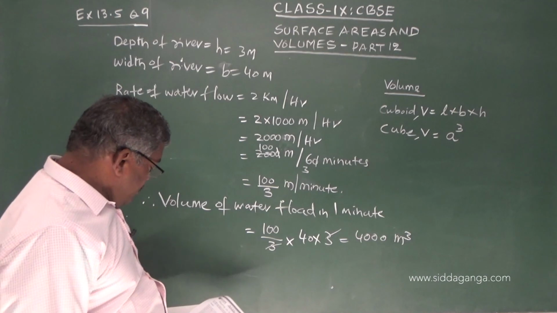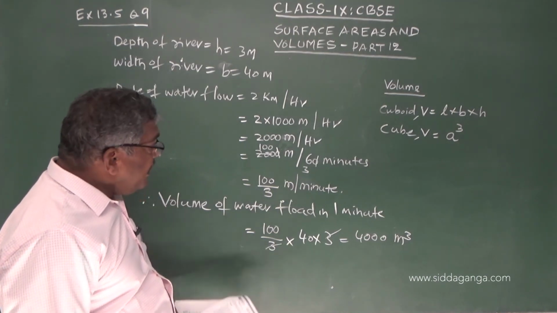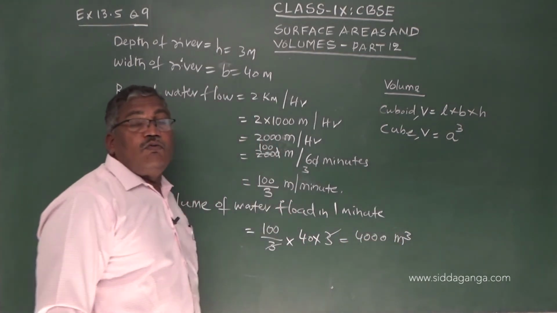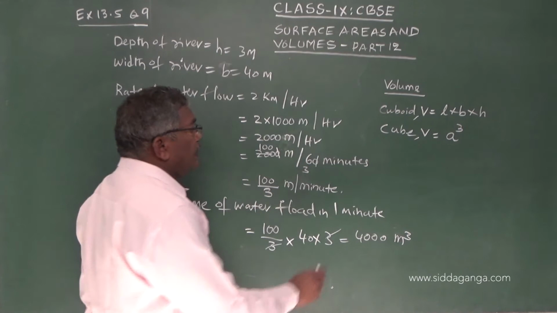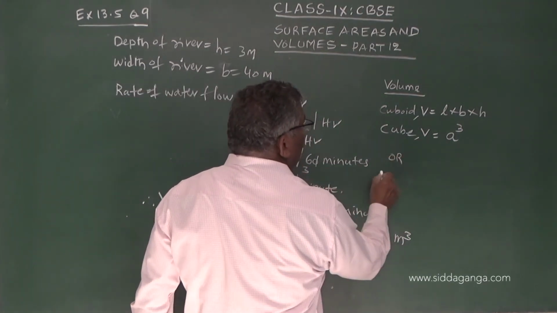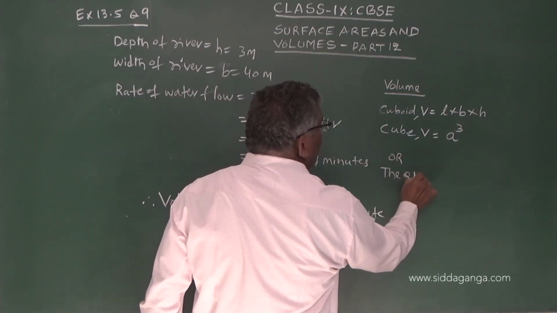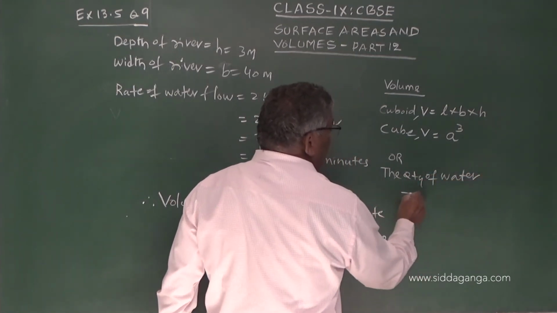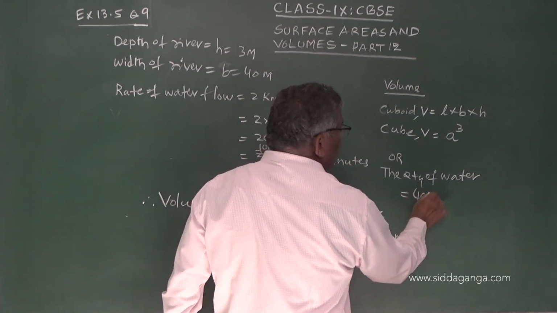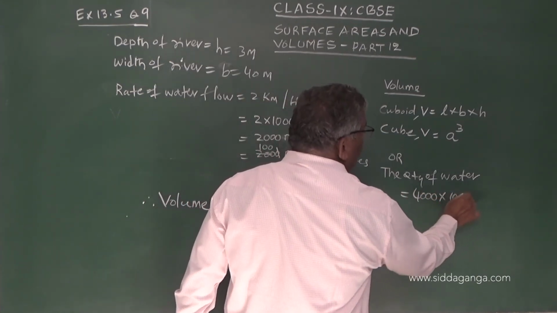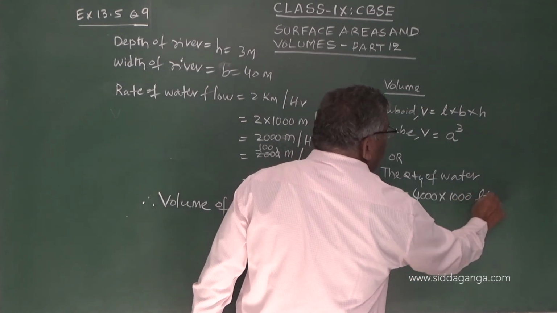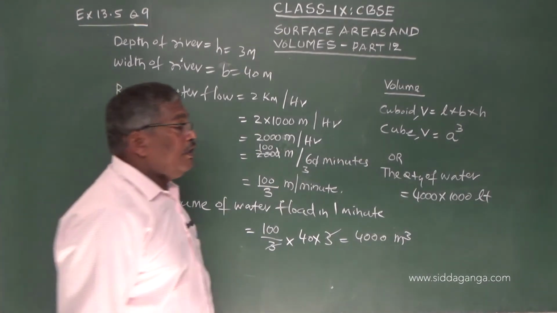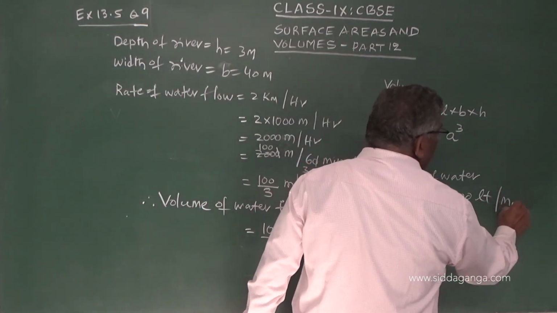That means 4000 into 1 meter cube is 1000 liters, so the quantity of water equals 4000 into 1000 liters per minute.